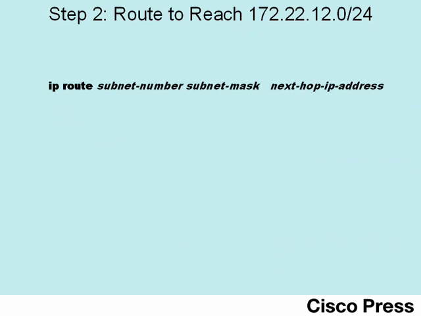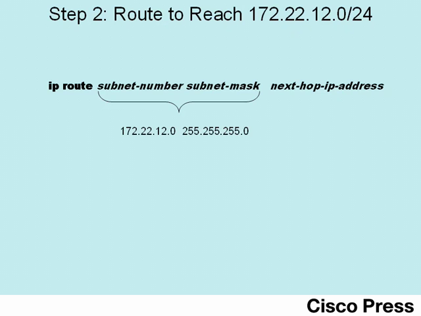To configure that route in router 1, we're going to use the IP route global configuration command. In this case, we'll use the style of IP route command that uses a next hop IP address. Now, the first real parameter in the IP route command is the subnet number, along with the subnet mask as you see here. Together they define the destination subnet.